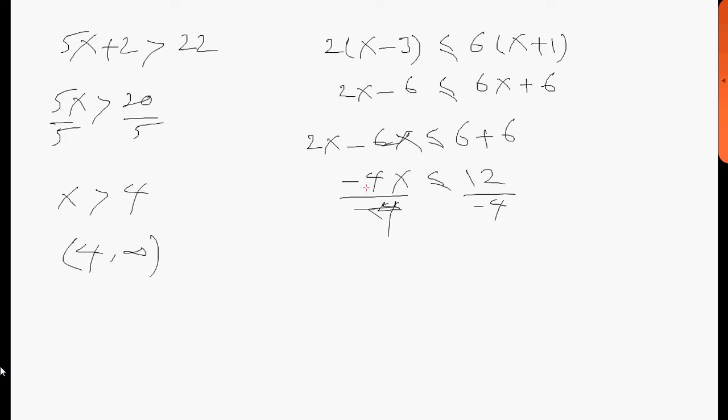So here, negative 4x over negative 4 becomes x, and 12 over negative 4 becomes negative 3. It used to be a less than or equal to, becomes a greater than or equal to. So the final solution is from negative 3 to infinity, including negative 3. So I'm using a square brace.